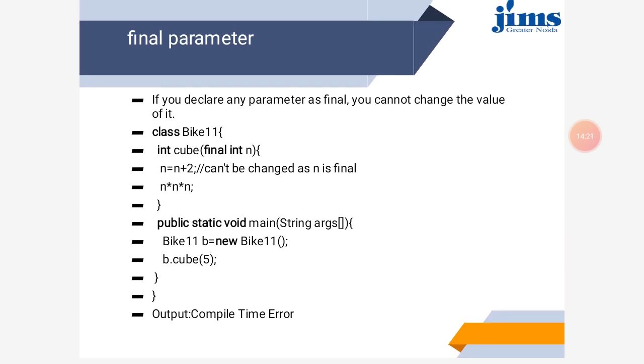Final parameters mean that when you are using a method and mention any parameter as final, then modification is not possible.